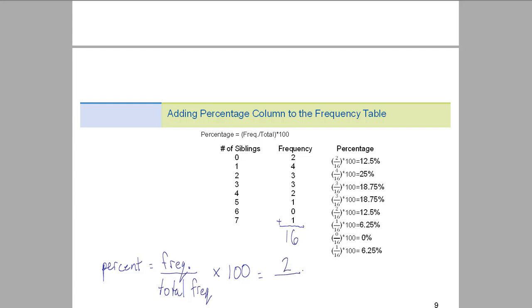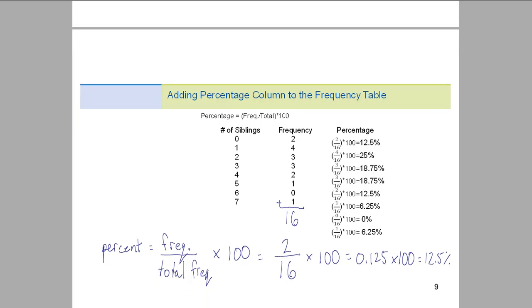So we're going to put in 2, and we know the total now is 16, okay, which is going to come to 0.125 times 100, which gives us 12.5%. Okay, and then I've included the rest here so you can see where it came from. So the next one, 1 sibling, okay, 4 students, so 4 divided by 16 times 100, 25%.